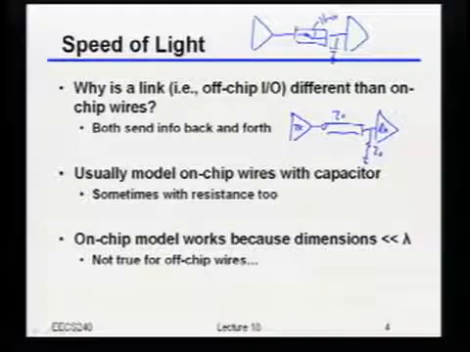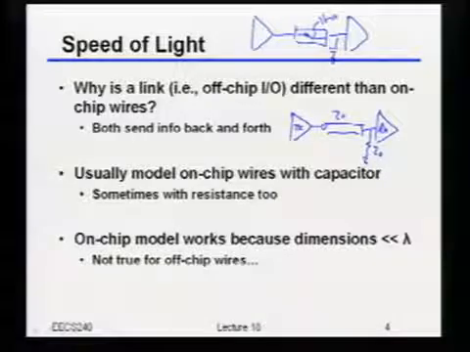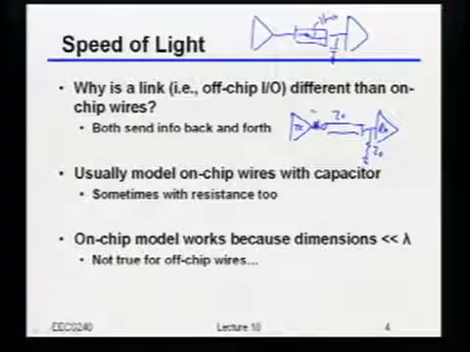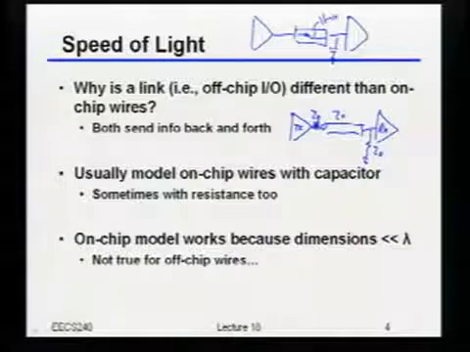Not only on the receiver, but you even want to make the output impedance of the transmitter as close to that characteristic impedance as you can, okay?